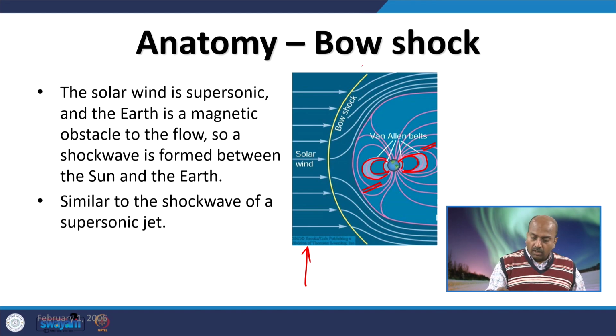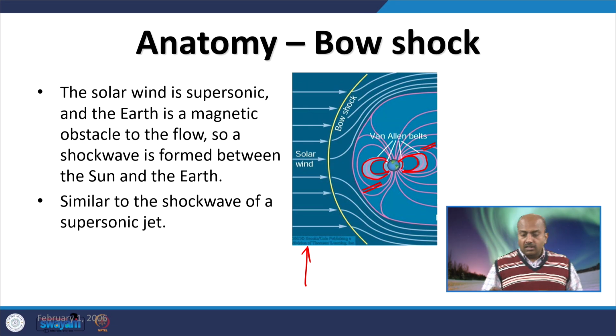This bow shock is where the fluid's velocity is decreased, and it circumvents the entire bubble. In a three-dimensional picture, you can realize that the solar wind will envelop the bubble and go towards the other side.